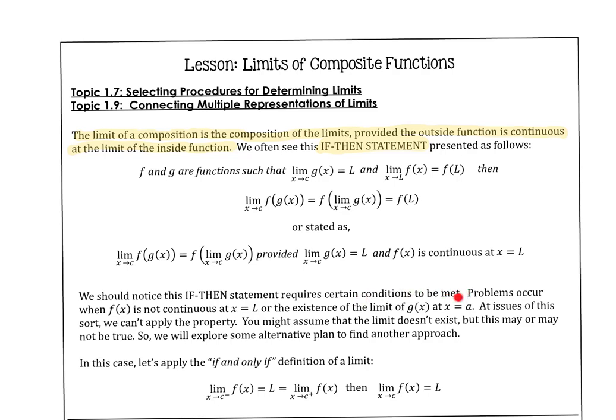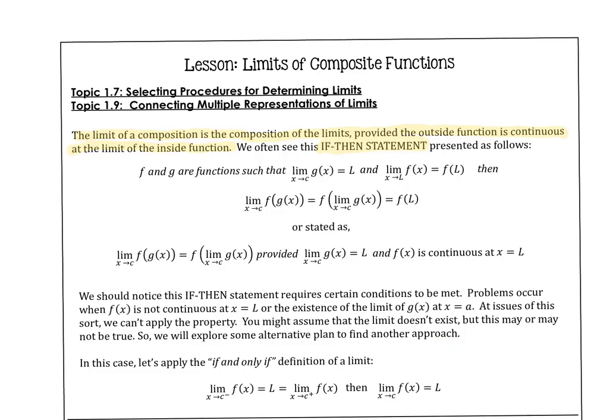And problems occur when function f of x is not continuous at that limit value, or the limit of the inside function at x equals a doesn't exist. When issues of this sort arise, we can't apply this property, and we might assume that the limit doesn't exist. This may or may not be true, so we want to explore an alternative approach.